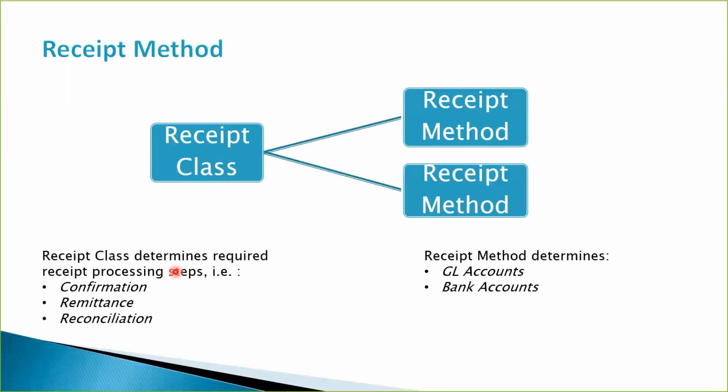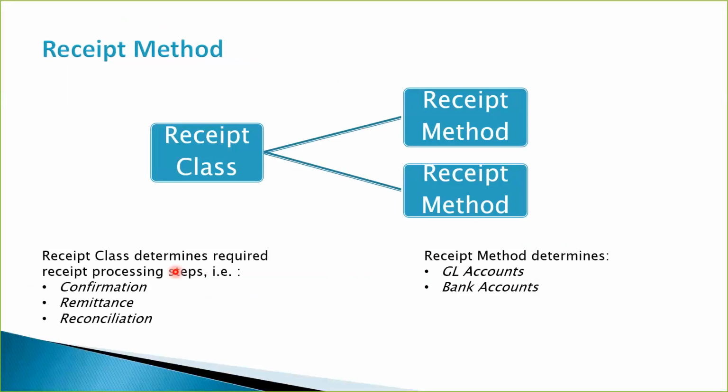So like I said, we had talked about receipt method, and we also introduced the concept of receipt class. Receipt method is one of the things you have to enter when you're entering receipts in receivables, okay? And we said that the receipt method determines your bank accounts and your GL accounts.